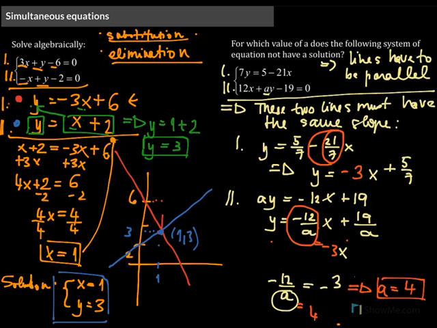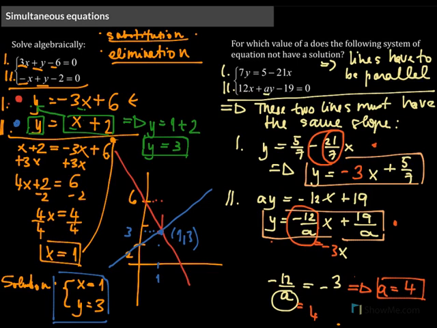And maybe we can check, because the system of equations can also have an infinite number of solutions, and that would be the case if I had two exactly the same equations. So if this equation is y is equal to negative 3x plus 5 over 7, and I had exactly the same equation here, then the lines would be coincident.